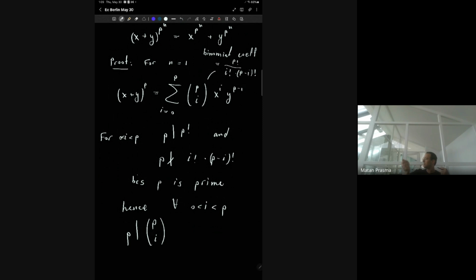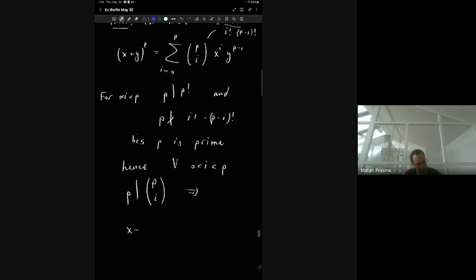There is a factor of p in the numerator and no factor of p in the denominator, which implies that x plus y to the p is equal, modulo p, or in FP, to x to the p plus y to the p, because in FP these coefficients are equal to 0.